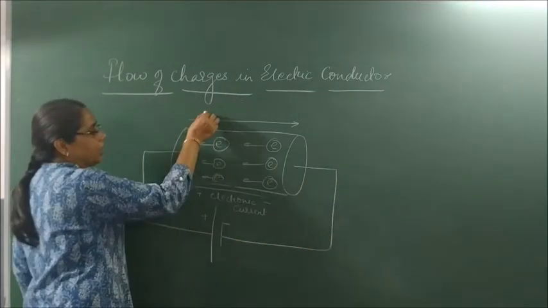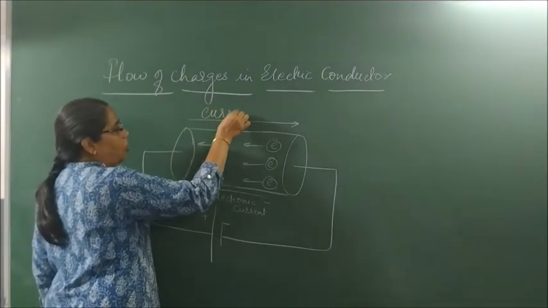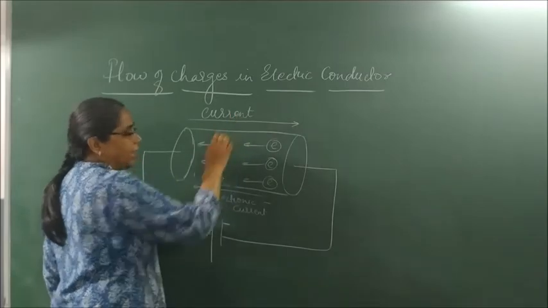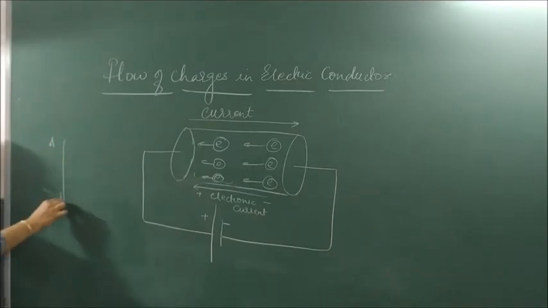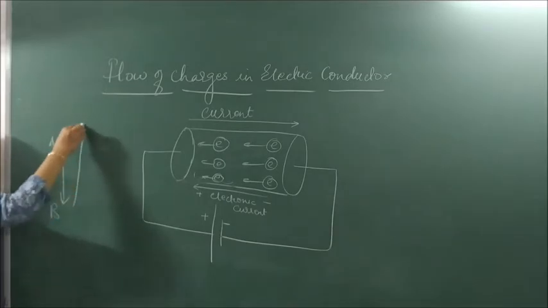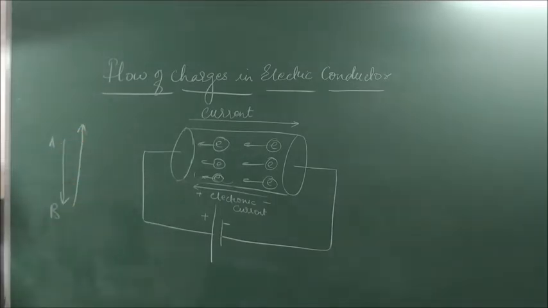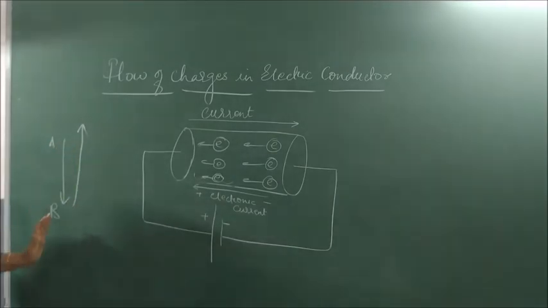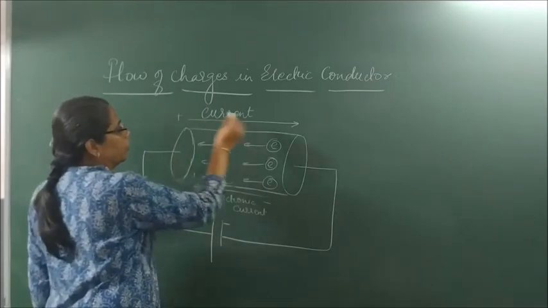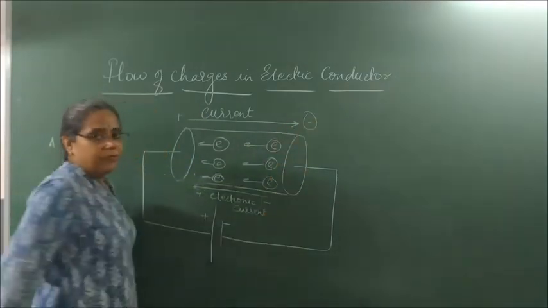Current always flows opposite to the flow of electrons. If I say electrons are moving from A to B, what will be the direction of current? From B to A. So if electrons move from negative to positive terminal, current always flows from positive to negative terminal.